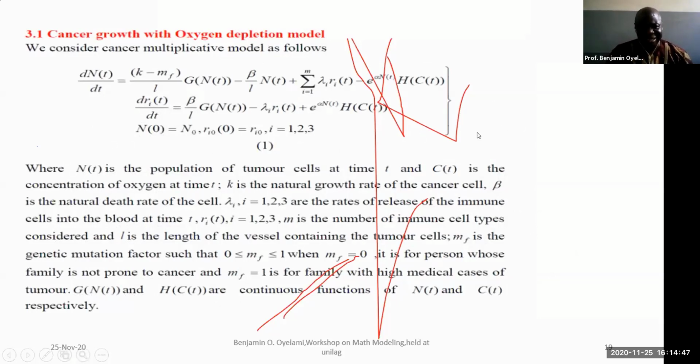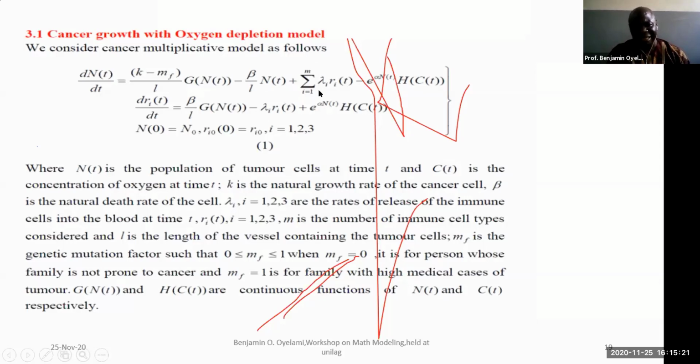Now, let us consider this cancer cell. So this cancer cell can be modeled by this equation. So this G of N can be modeled using different kinds of representation. The very simple one can be just a simple linear equation, for example. Maybe we represent this as a function of a straight line, which is a simple model. Just like here, we have this, which is simple.